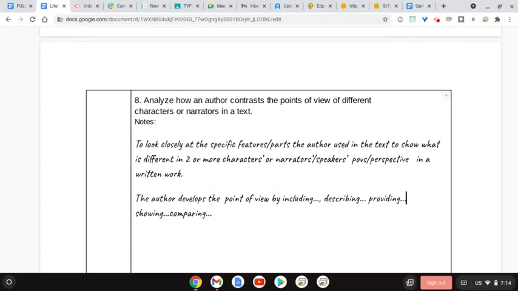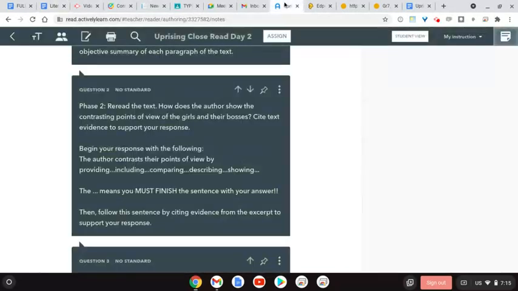You're going to begin your response by explaining that the author contrasts the points of view by including, describing, providing, showing, comparing what, and you're going to finish that statement off. So as we do this phase of reading, we're going to begin by saying the author contrasts their points of view by, and then pick one: describing, including, comparing, showing what.